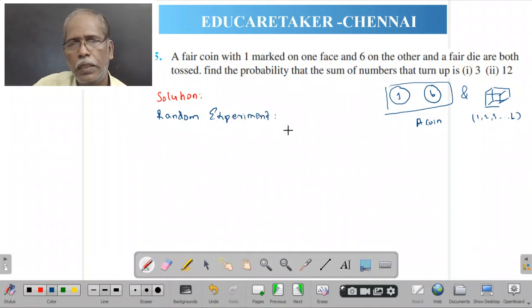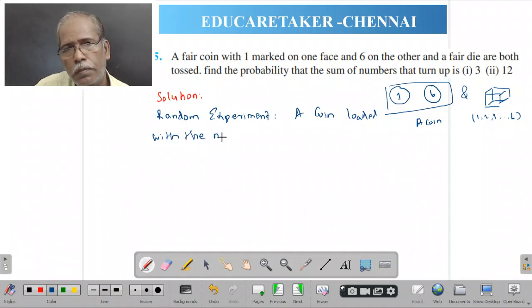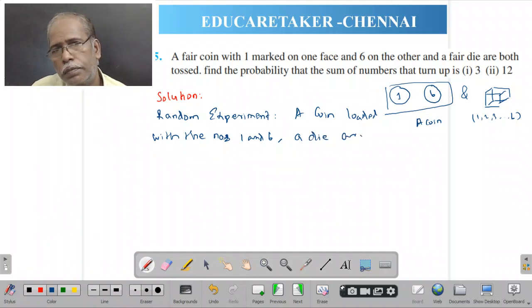Here, a coin loaded with the numbers 1 and 6 and a die are tossed together, or simultaneously.